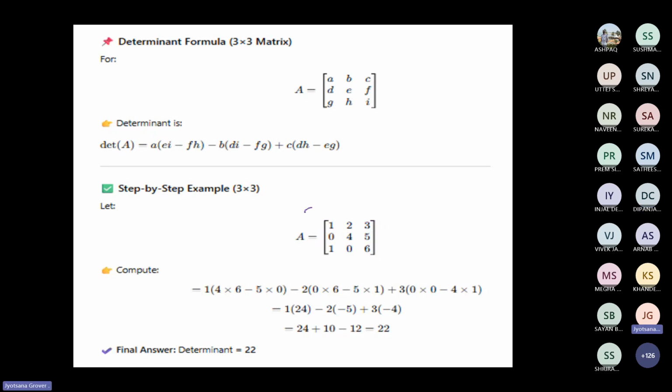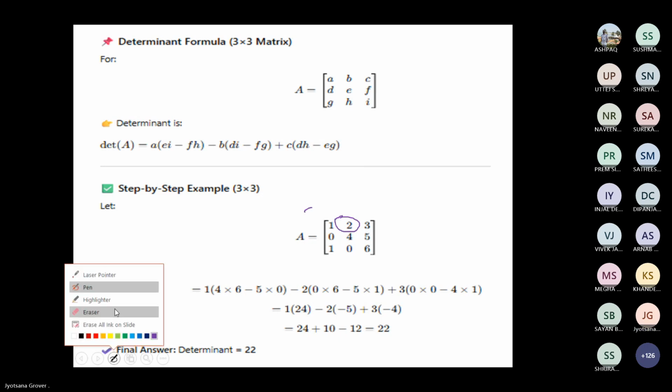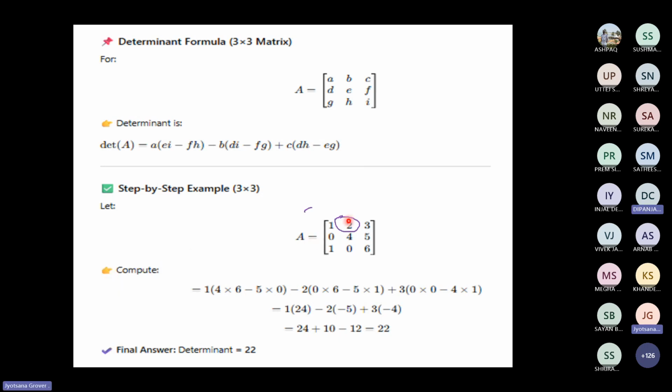Next, you take 2, so you have to take minus 2. You leave out this column, leave out this row. What will you get? 0 into 6, 0, and 5 into 1, 5. So this term is nothing but 0 minus 5.